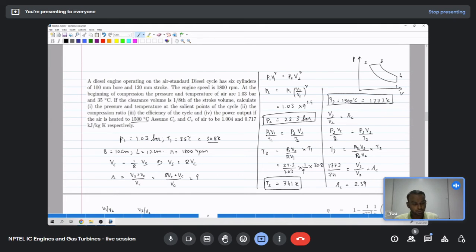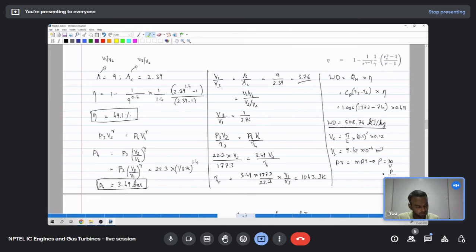Is that the power output? Actually, we were told that we have a 6-cylinder engine. So that means what we have calculated so far is per cylinder. Now we have to multiply by 6 to get the power output for 6 cylinders.